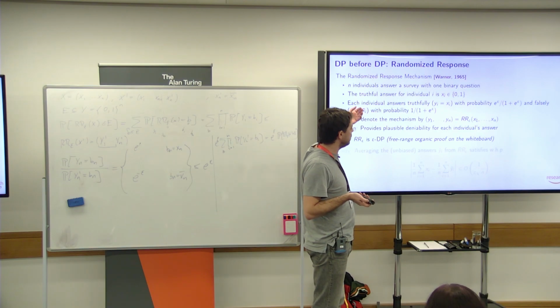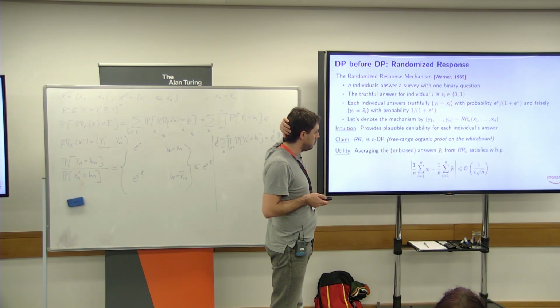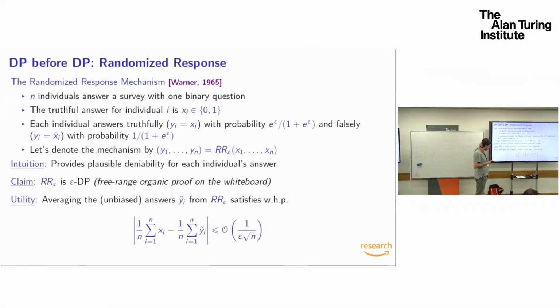So what's this mechanism good for? What can we do with it? One thing we can do is take these privatized answers, these differentially private answers, and try to compute the average of the xi's. Because we've done this funny stuff with the probabilities, the yi's are actually biased, so their expectation is not xi.